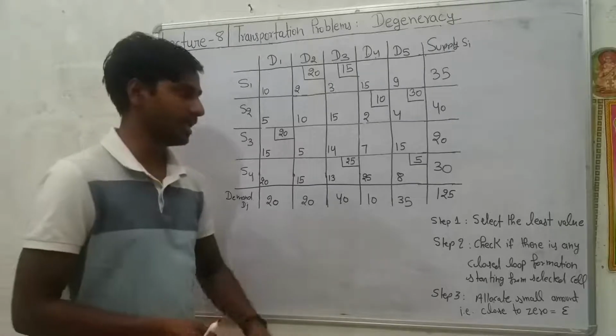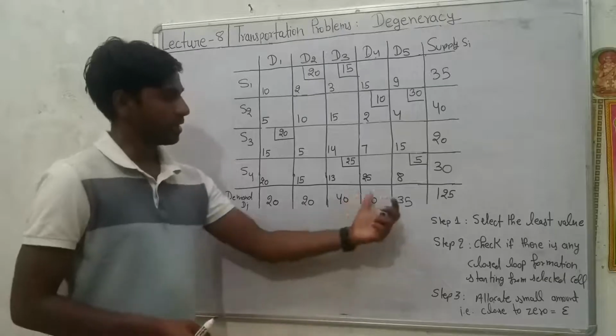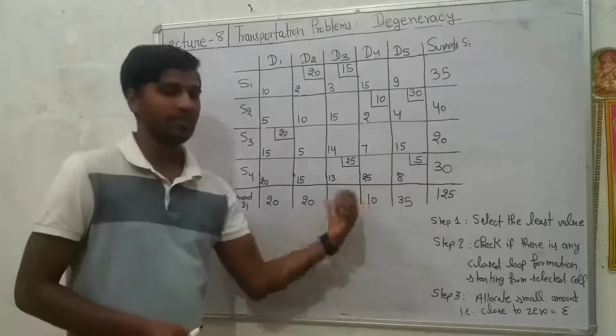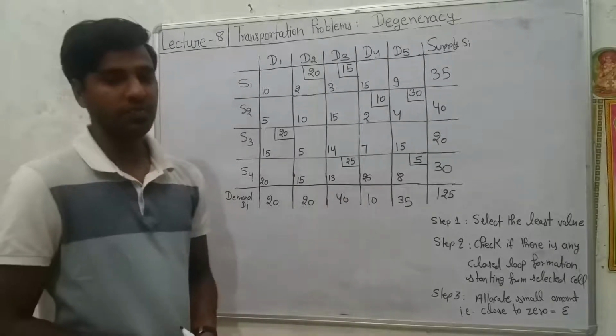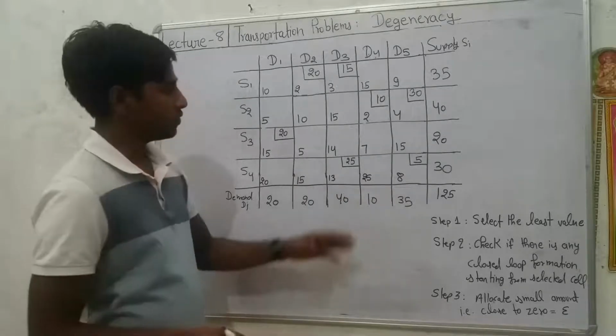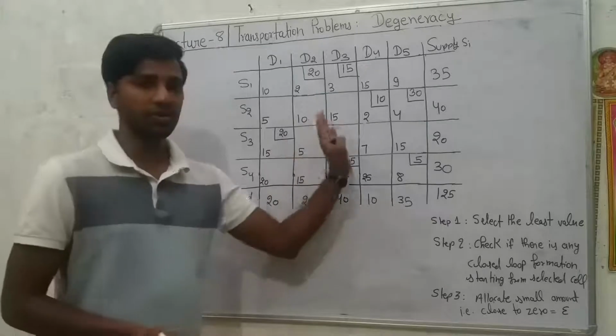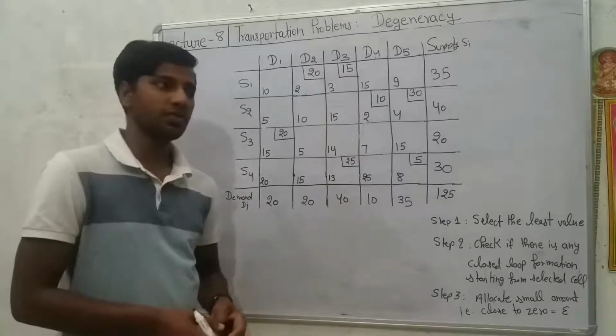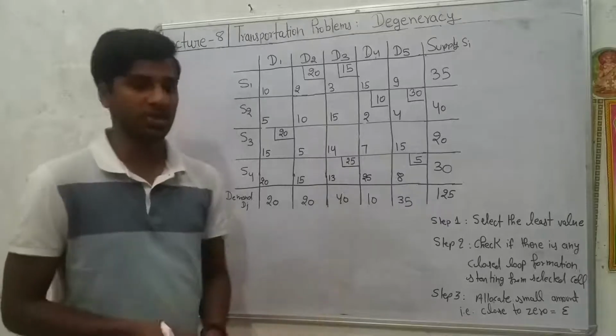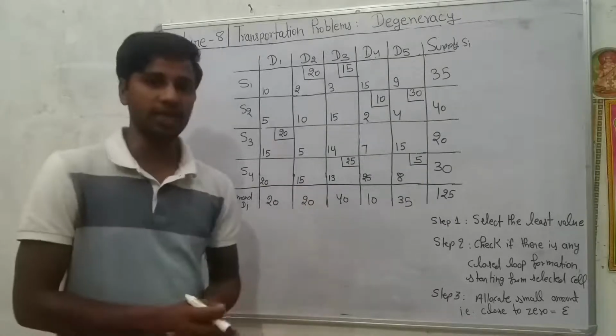The reason is that if there are fewer than m plus n minus 1 occupied cells, then there is a possibility that we would not be able to formulate the closed loop for all of the empty cells, and that means we would not be able to calculate the opportunity cost for every empty cell.